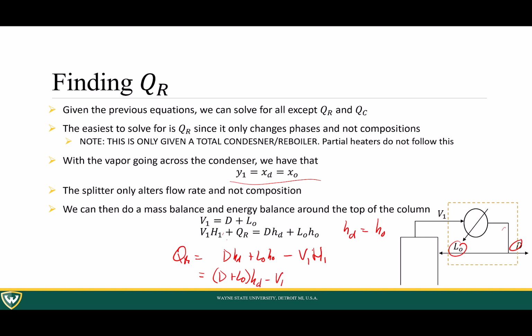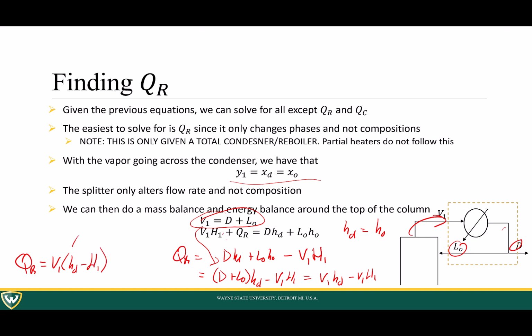minus V1 H1. And then we can plug in and say this can further simplify: V1 times little hd, which is liquid enthalpy, minus V1 H1. And again, we could simplify that further to get our overall heat from the reboiler, which is equal to V1, or whatever vapor is coming into the system, times hd minus big H1.